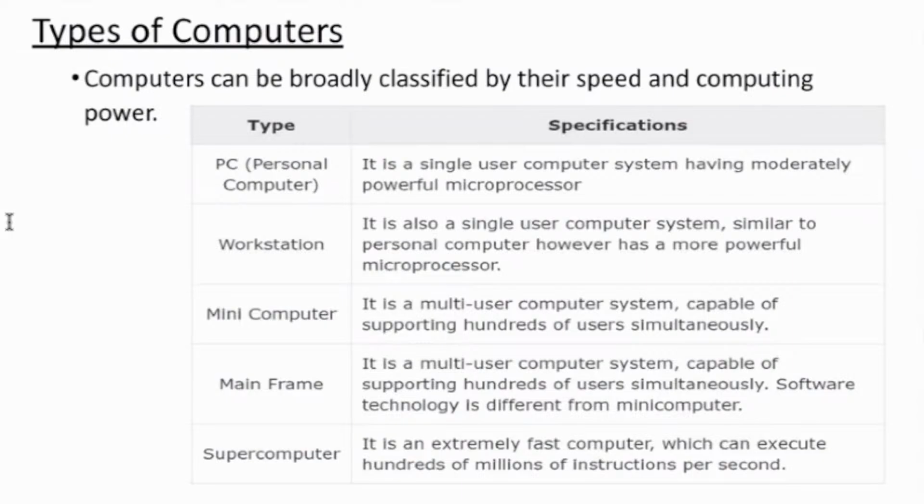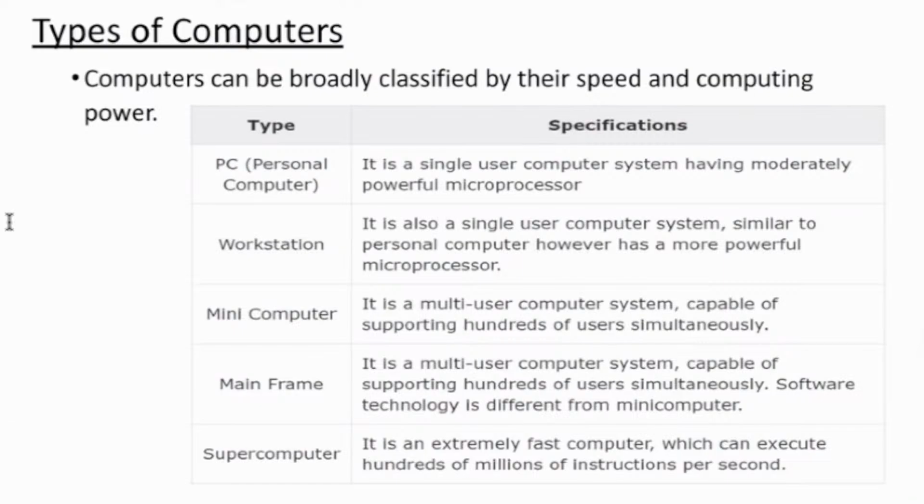We have several PC types. That means laptop, desktop, palmtop, mobiles. Likewise, all these devices are computers. A mobile is also a computer. It has a chip or microprocessor: Snapdragon, Exynos, Apple chips. Likewise, they have microprocessors.